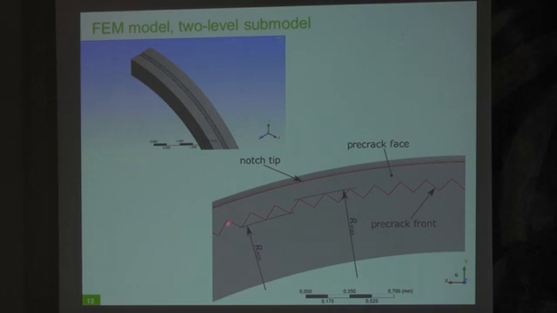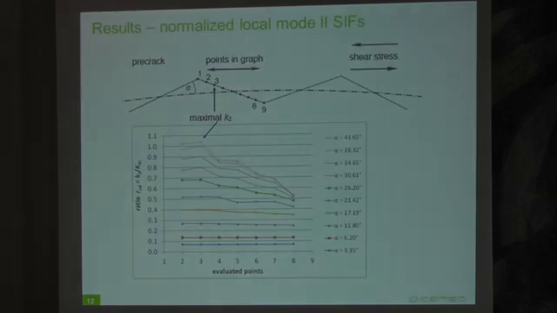And here, this is the crack front we modeled, so we have such a sawtooth shape with a certain angle of the asperities. And we modeled it with different angles of the asperities so that we could follow the dependence on this angle.